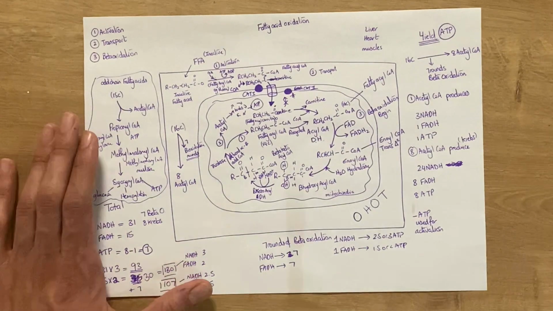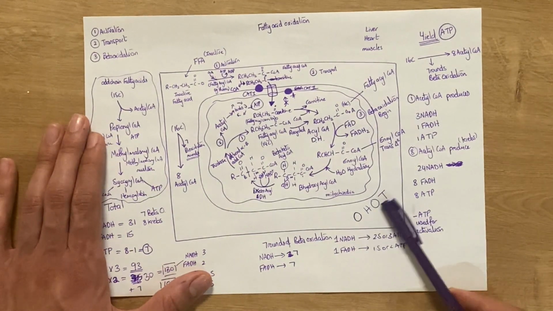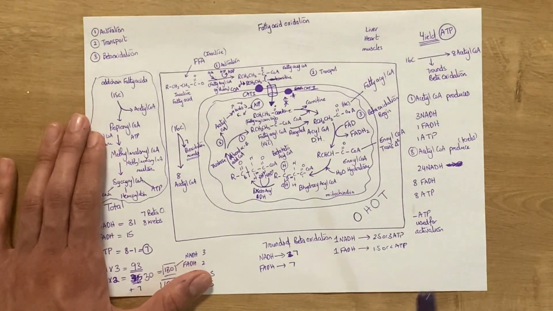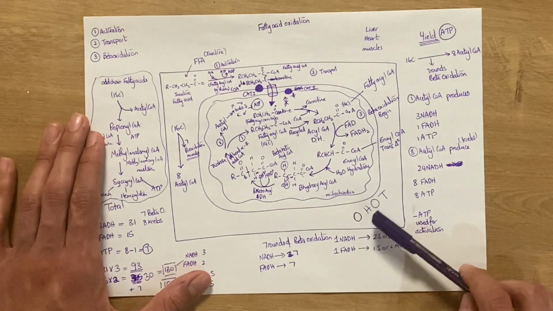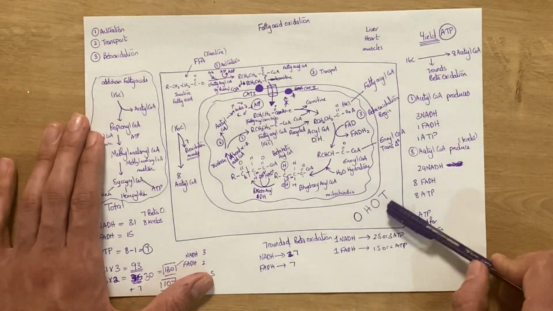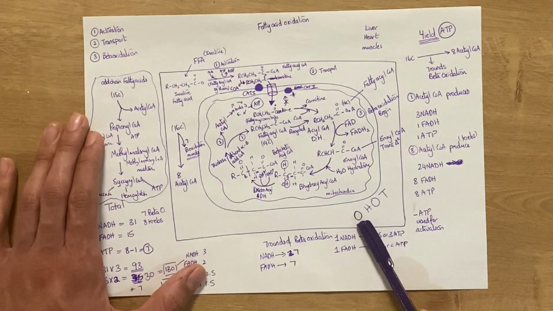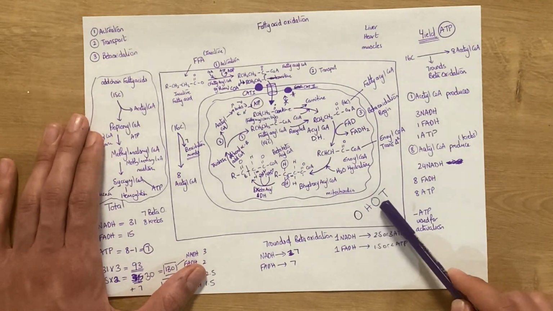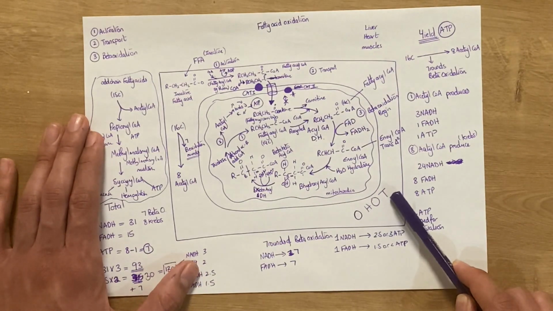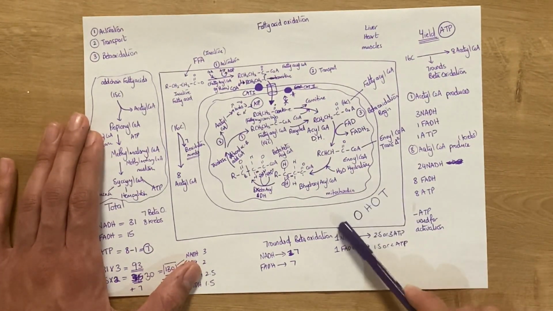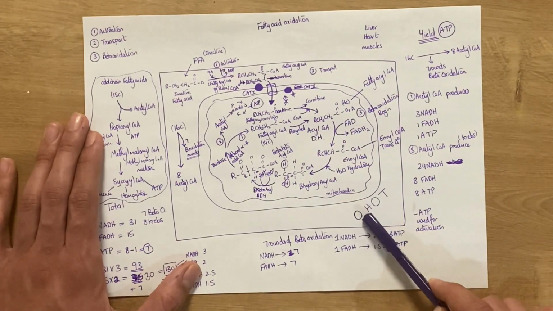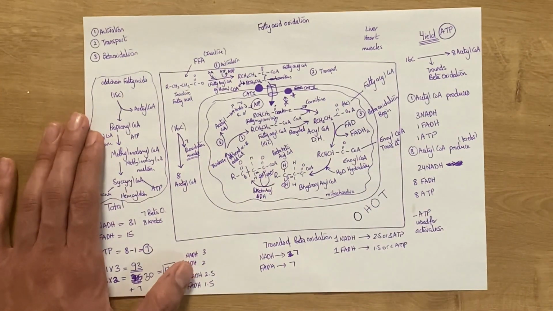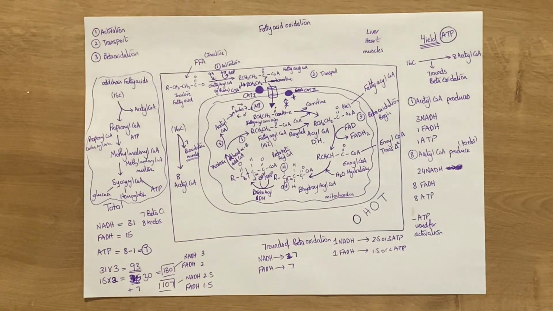To summarize what beta oxidation is, I have four letters that you can keep in your mind. It says OHOT: oxidation, hydration, oxidation, and then we have the final enzyme called thiolase. So just keep this in your mind: oxidation, hydration, oxidation, thiolase. The first step is oxidation, and it takes place by the involvement of FAD.